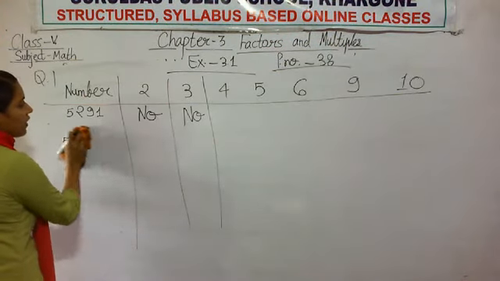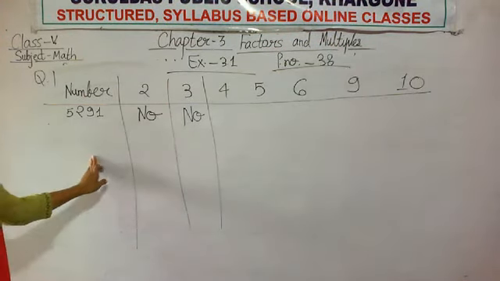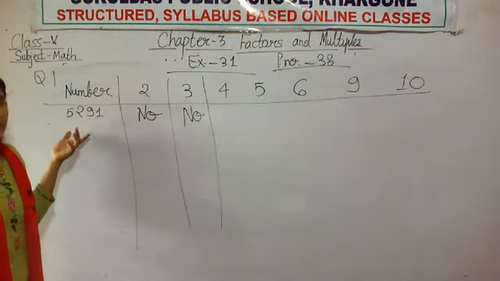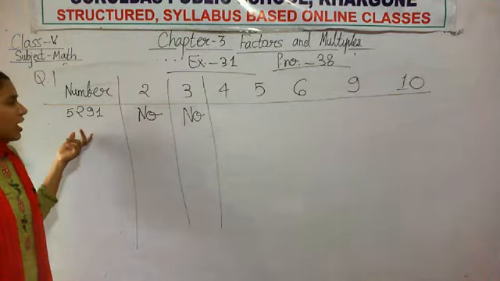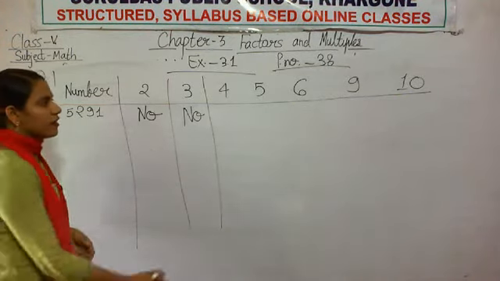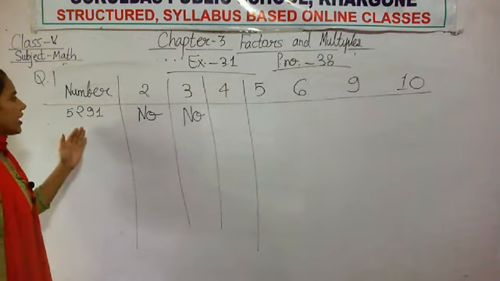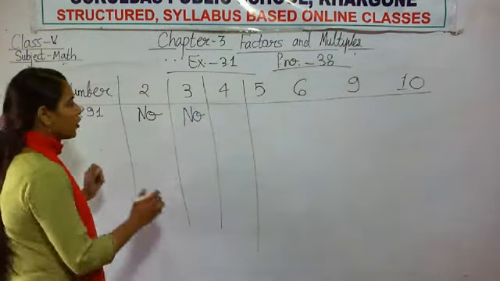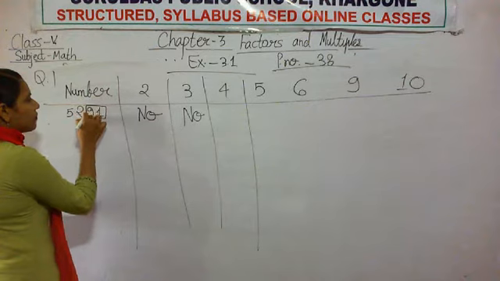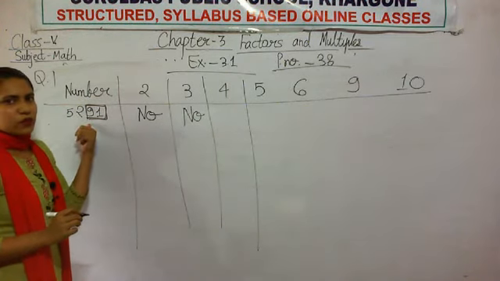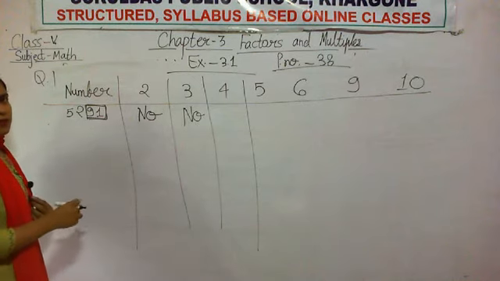See how fast we can do it by the divisibility rule. We are not using the division process here. We are just seeing the number and writing the answers. Now check the divisibility by 4. If the last 2 digits of the number are divisible by 4, then you can conclude that the number is divisible by 4.